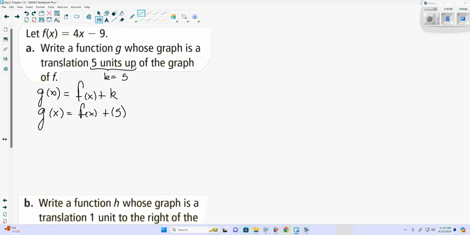We can put the parentheses around it if we want because we're inputting a value, but since we're adding it, it's not going to make a big difference. It's not going to change anything sign-wise. So g of x equals 4x minus 9 plus 5.